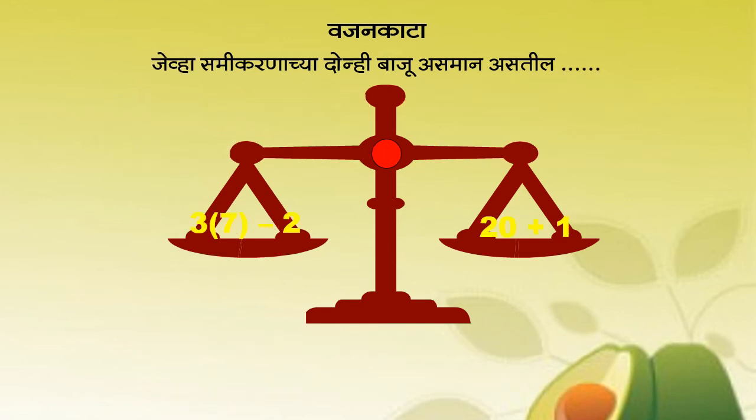Now see here, if the two sides of an equation are not equal, for example, 3 into 7, how much is it? 21. 21 minus 2, what is the answer? That will be equal to 19. And 20 plus 1 is 21.